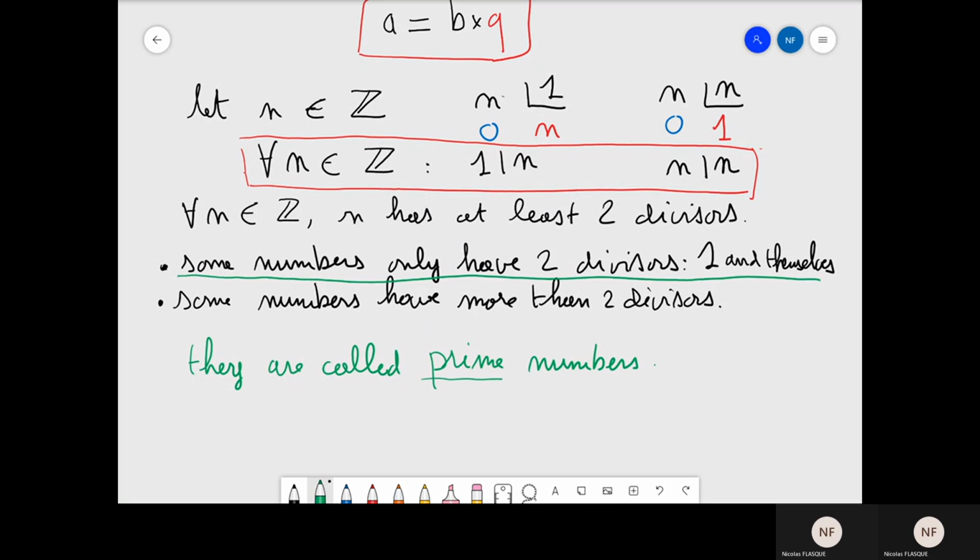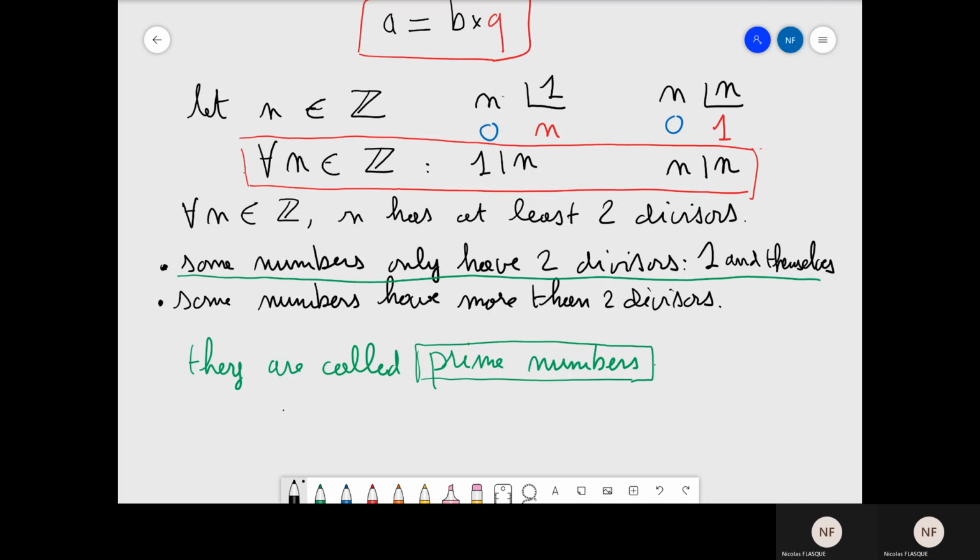The prime numbers are very important regarding what we'll talk about in future videos, and in all the chapters you'll see later. You probably know a list of prime numbers. For example, 1 is not a prime number. Let's set it apart immediately, because 1 has only one divisor. So 1 is not a prime number.